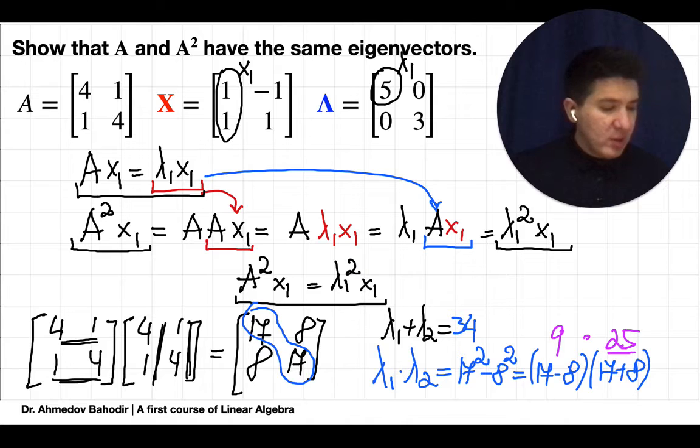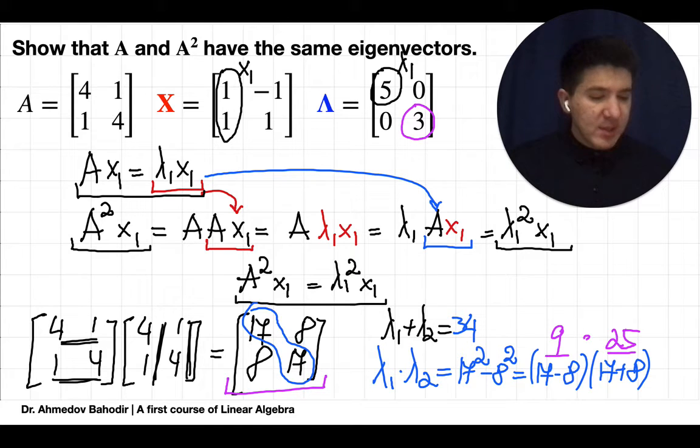You see, these two numbers are just the squares of these two numbers. So the eigenvalues of A squared are simply the squares of the eigenvalues of A. Now I would like to show that the eigenvectors of this matrix are the same as the eigenvectors of A.